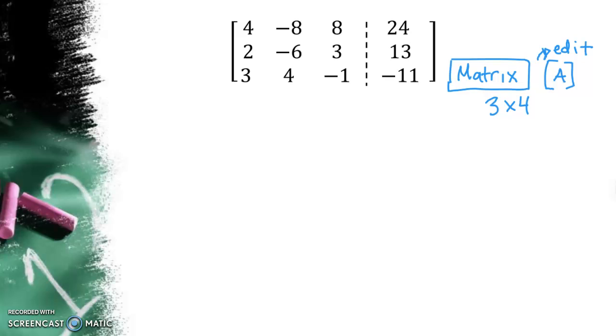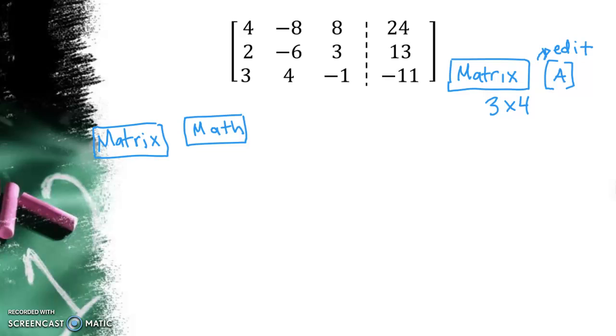Now what we can do is go back to our main menu. Actually, what we're going to do is first go back into the matrix menu. And I have a TI-89 as well, and it's different on that one.